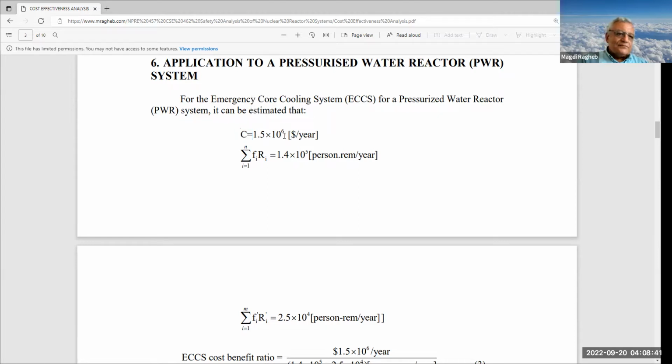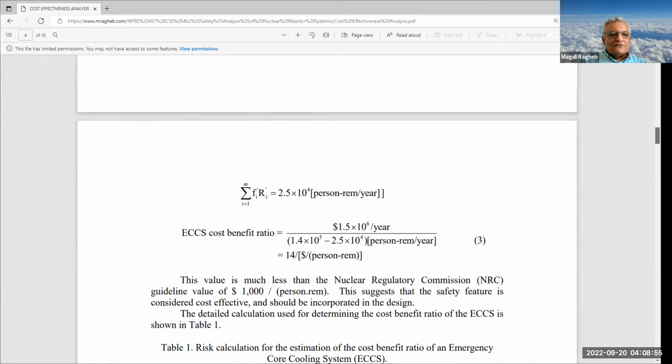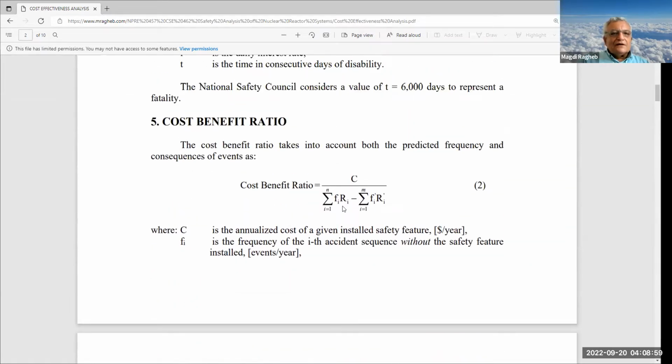I take the example here because that's where this technique was first applied. That's $1.5 million per year. And in the denominator, we subtract the risk before the addition of the safety feature. Here is our equation for different options, minus the risk after we implement the safety feature.